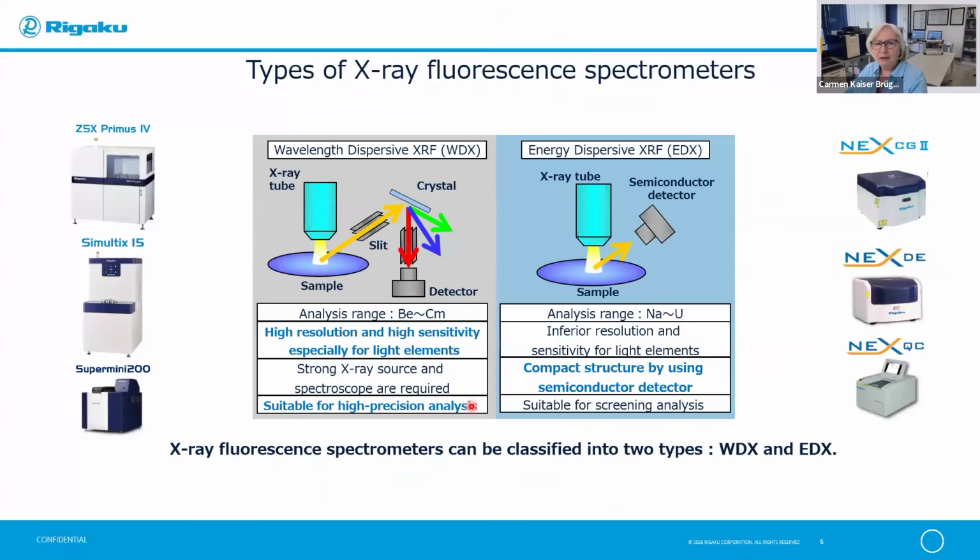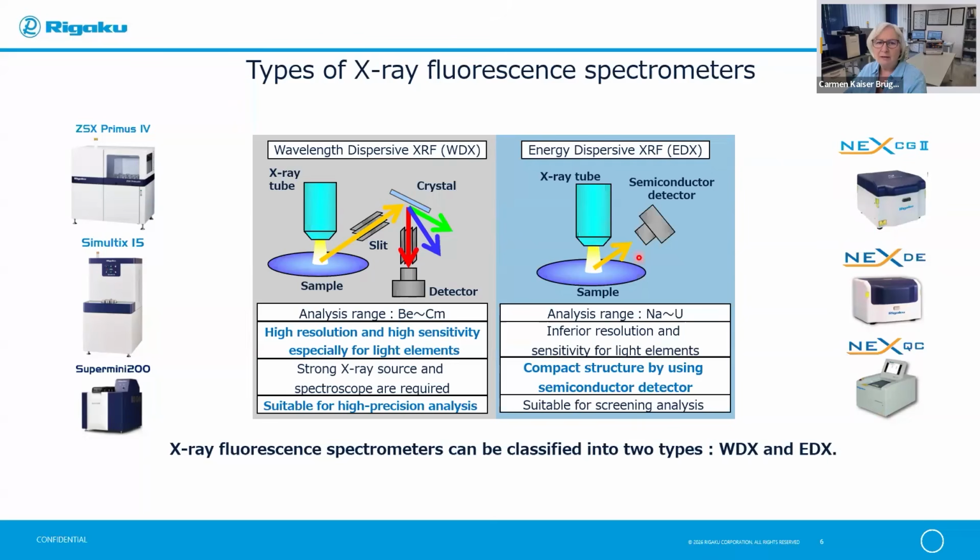So yes, we get two types of spectrometers. One is WDXRF and the other is EDXRF. And both these types of instruments are used in mining applications. I will give you some examples later on, but the two differences are that this is a more compact and robust instrument using a different kind of detector, a much more simple design in terms of hardware.